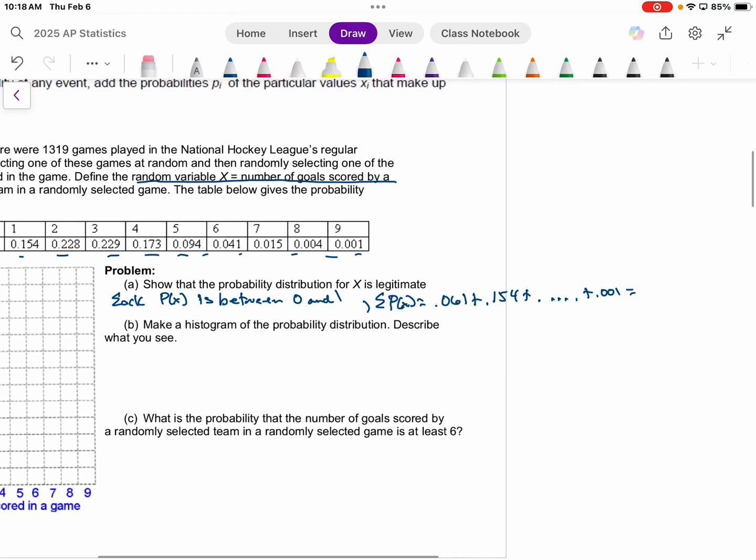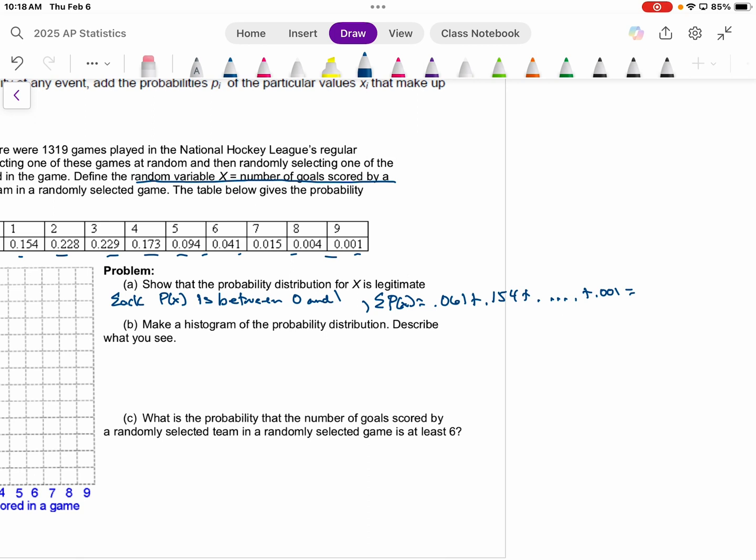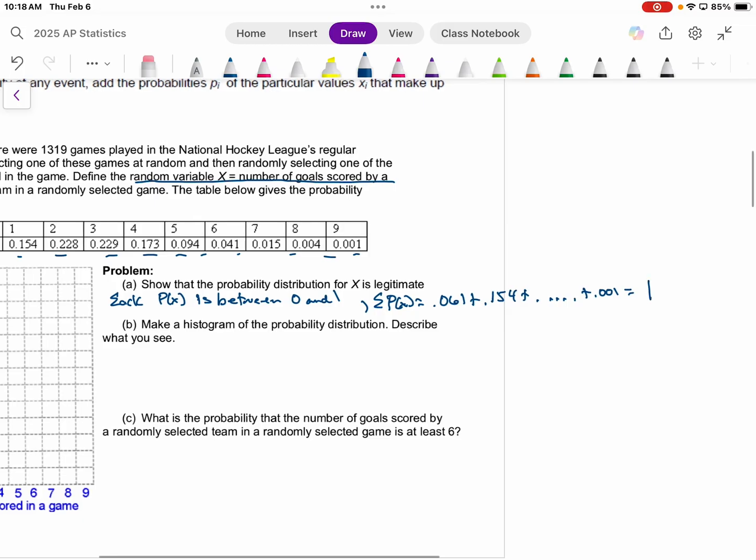This is where we can go to the calculator and start typing them in and adding them up. I believe that adds up to be about 1, if not exactly 1. If you want to check, you can, but it pretty much comes out to be 1. So yes, this is a legitimate one.